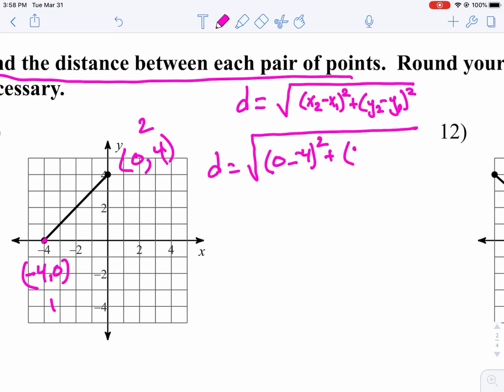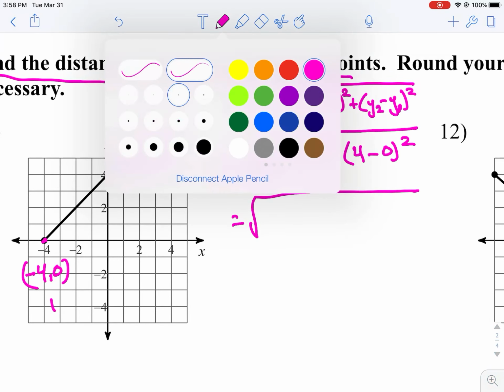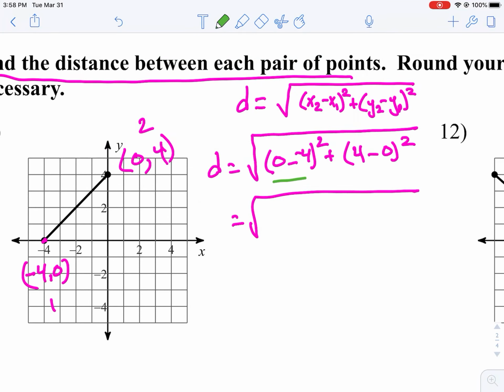Plus Y of the second point, which is 4, minus Y of the first point, which is 0, squared. So this becomes the square root of, let's do this, 0 minus a -4 is just 4, plus 4 minus 0 is just 4.